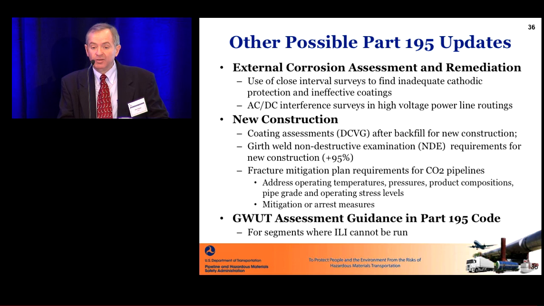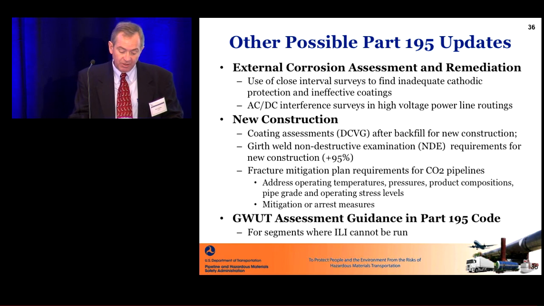When you're doing new construction, what are you doing around high-voltage power lines, and how quickly are you doing it? If you're waiting a year to get your CP in, to get your ground beds in, you may in many cases be waiting too late.